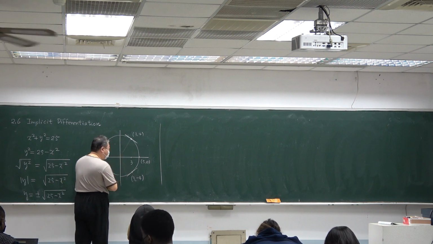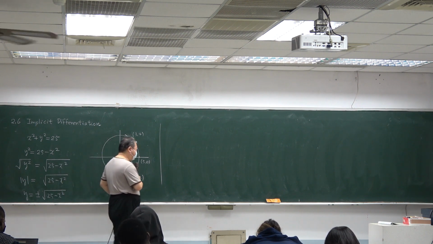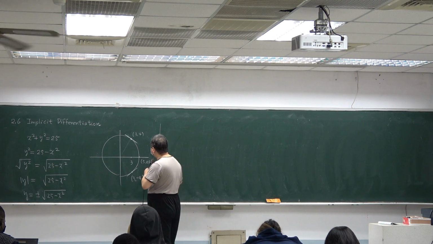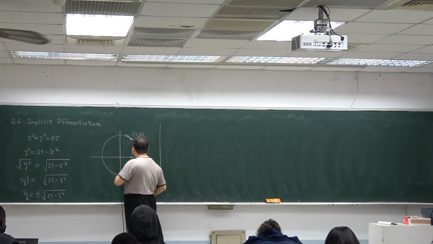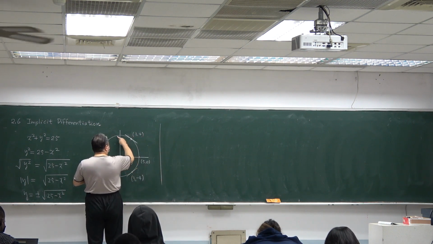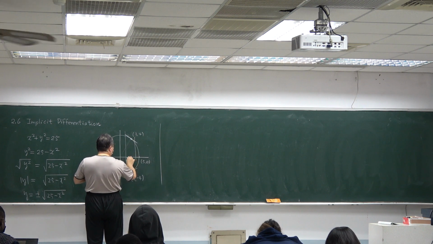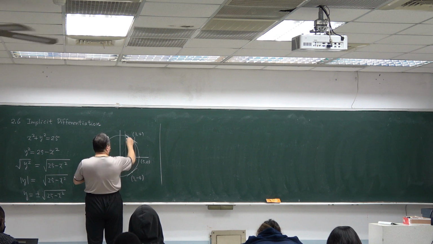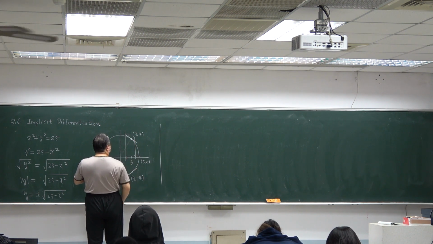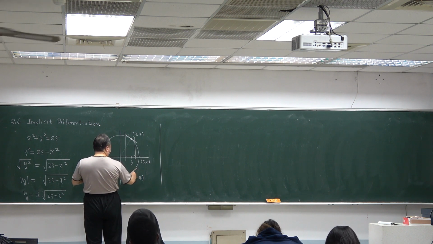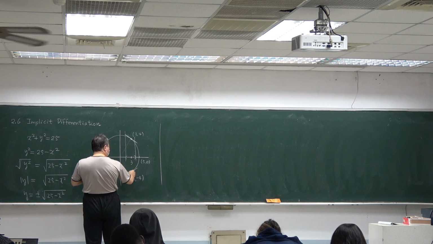And this graph is not a graph of a function, but locally, for example, at 3, if we consider this portion locally, at some open interval containing the number 3, this part is a function of x. Also, if we consider this portion, this is also a curve of some function.